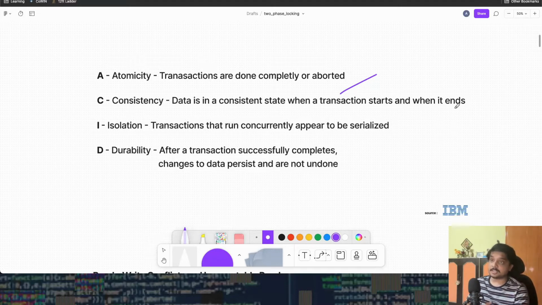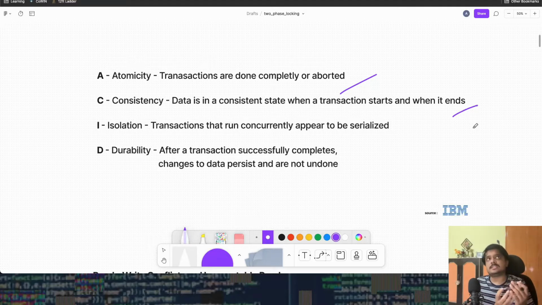Then next comes consistency. What does this mean, right? It means that some value, let's say a column's value in a table, cannot go below 0, which is a database rule. Consistency says that our data should adhere to these rules when a transaction goes over them, right?